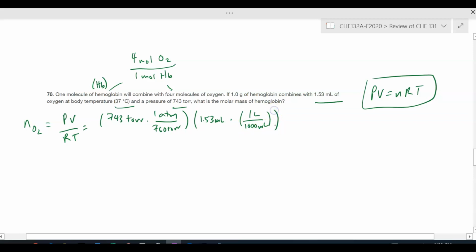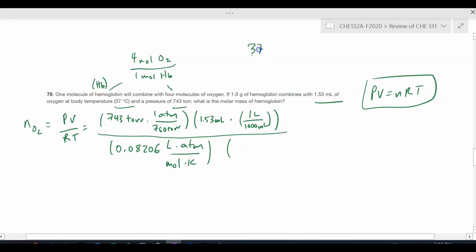So that's the conversions on the top written out explicitly. We have got R, which is that 0.08206 liters times atmospheres over moles times Kelvin. And then our temperature is 37 Celsius plus 273. That's 310 Kelvin, human body temperature, roughly.